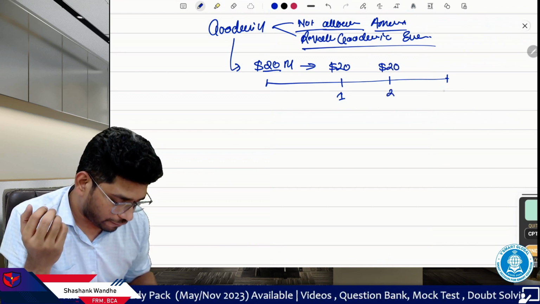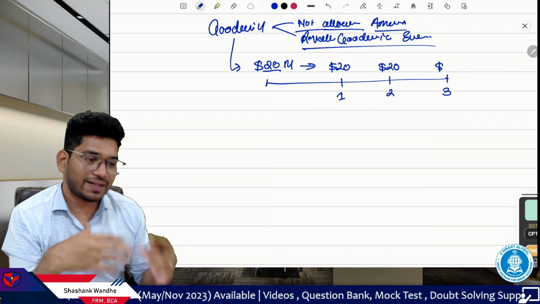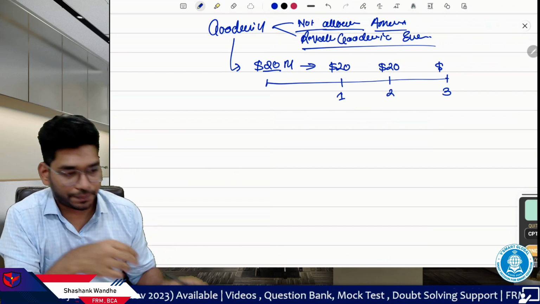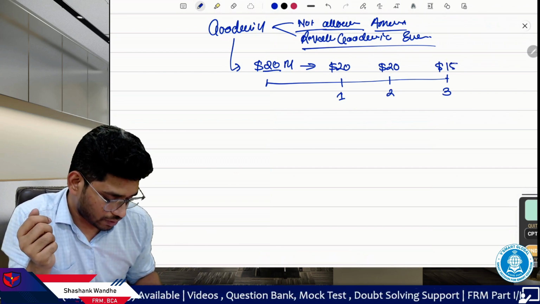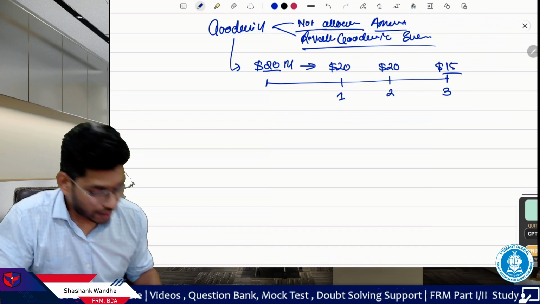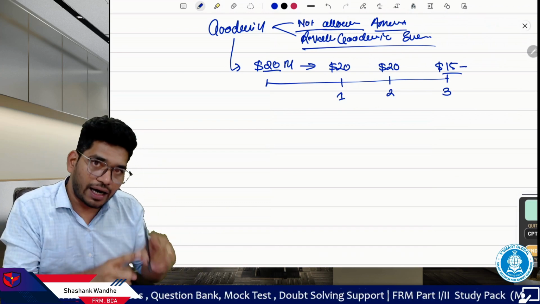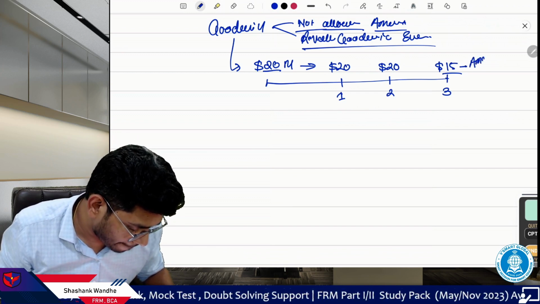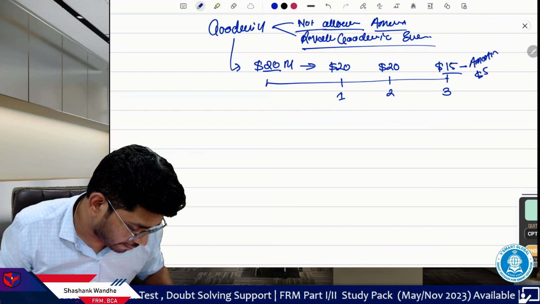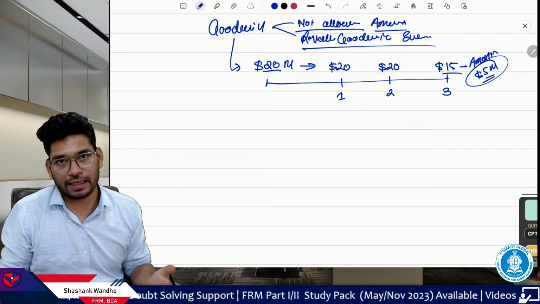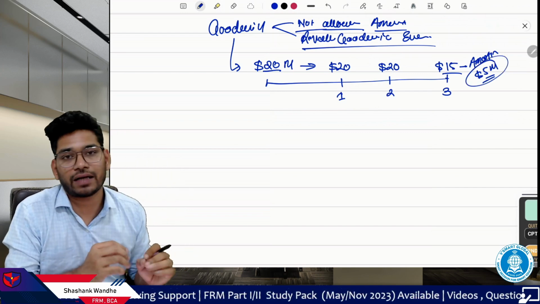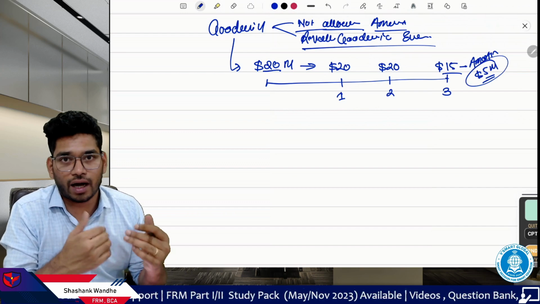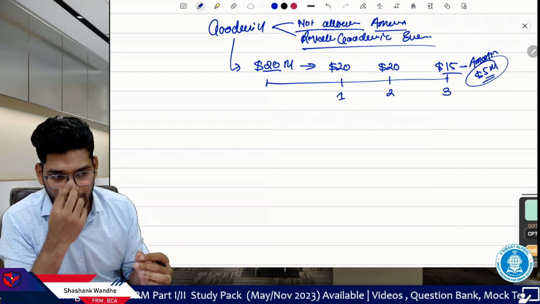But at the end of the third year I found there is a decline in goodwill's value. Now the value is 15 million. So in the third year, you are allowed to amortize $5 million in P&L. Only $5 million can be amortized, and apart from that you are not allowed to do anything.